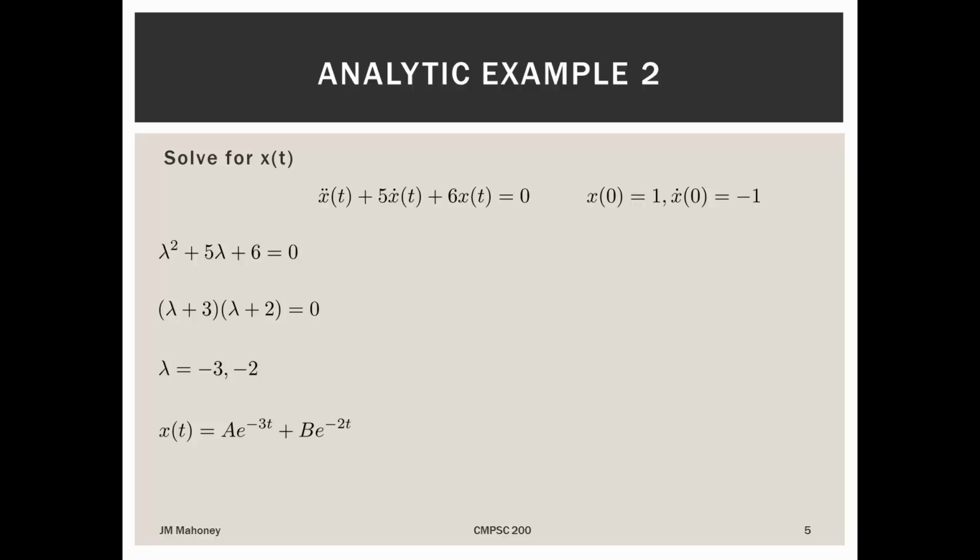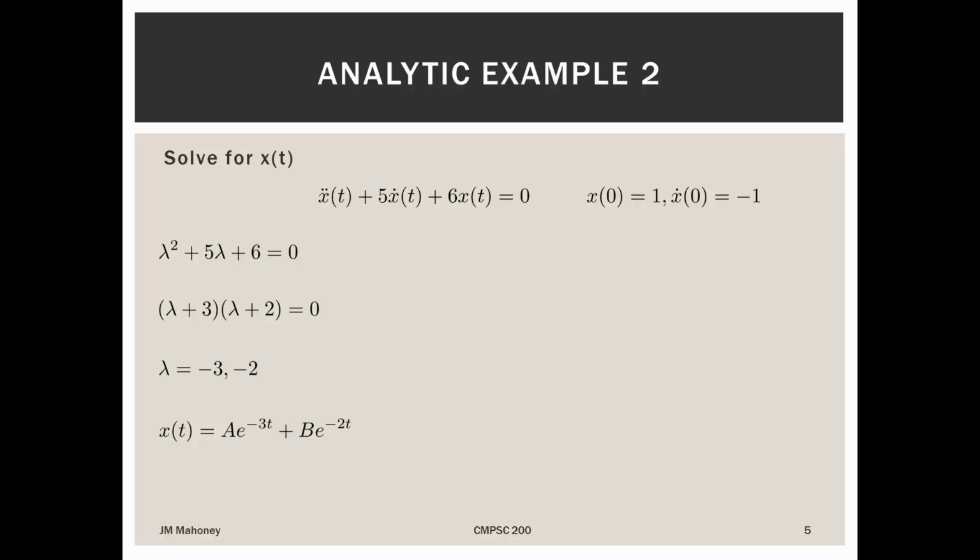Again, that negative 2 from the second solution of lambda. And we can have more complicated ones where we have sines and cosines. We won't get into those here. We will get into those when we get numeric solutions. But this is our general solution for what x is. It's in the form of a e to the negative 3t plus b e to the negative 2t. And we still need to determine what the constants a and b are.